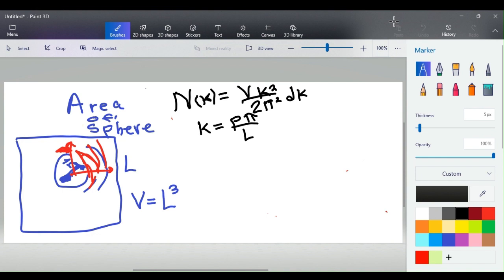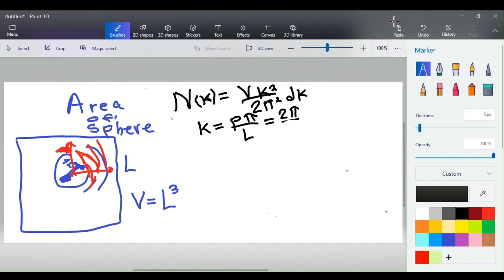Let's see, what else is it equal to? Well, when we first started this, it was equal to 2 pi over the length of a wave, lambda.